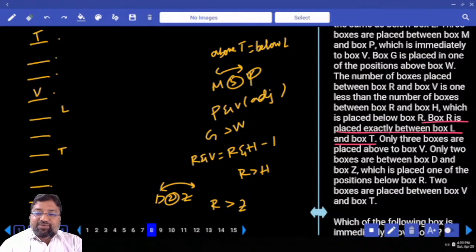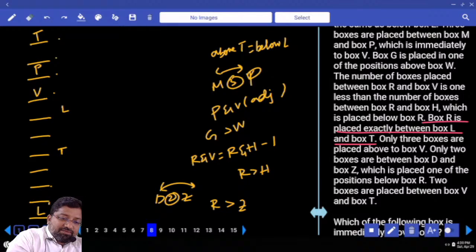Now what can we do? There is nothing else we can do. Let's try to fix P, and from P go to M. Come on, let's go for P. If I put P here, how many boxes between P and M? 1, 2, 3.